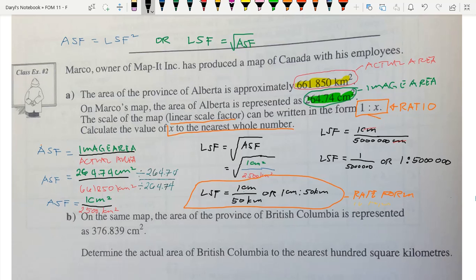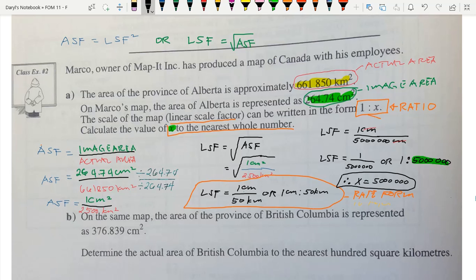So if you can see here, this is just the value of x. So x is just equivalent to 5 million. So x is equal to 5 million. That would be the value of your x.